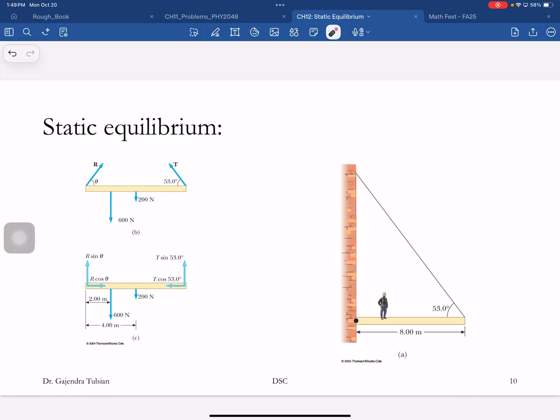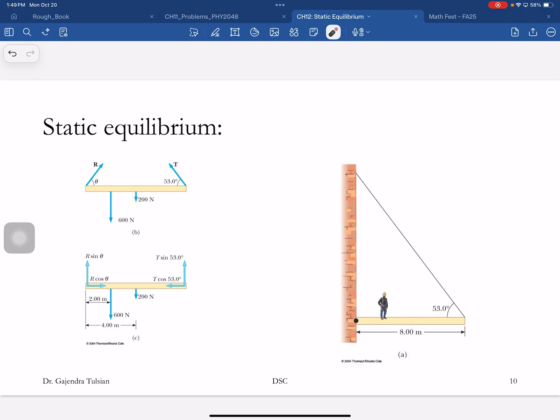We'll call this the free body diagram. So here's the scaffold, and you want this to be in static equilibrium. So let's draw all the forces on the scaffold. The tension in the rope, the tension in this wire, is applying a force in that direction. Here the weight of the person, here the weight of the scaffold itself.